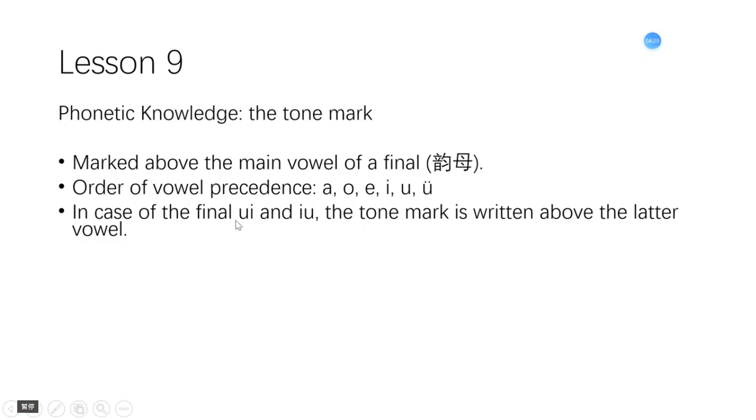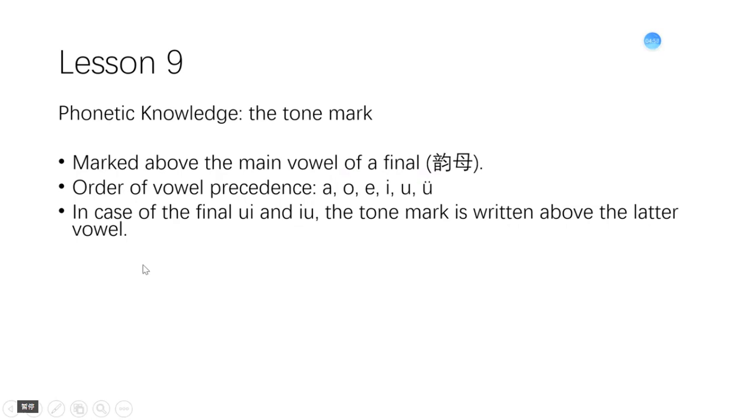If there's both i and u, we always put the tone mark above the latter one. So in the case of ui, we mark the tone mark above this i, and in the case of iu, we write the tone mark above the letter u here. Okay, so this is a special point.